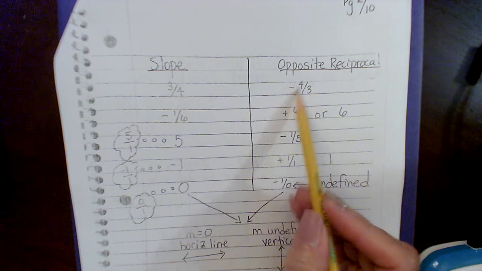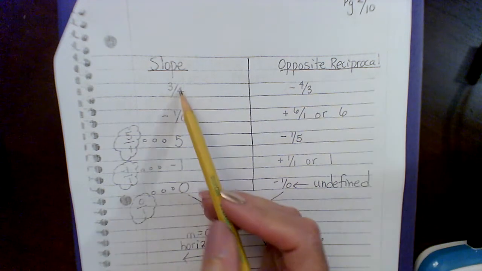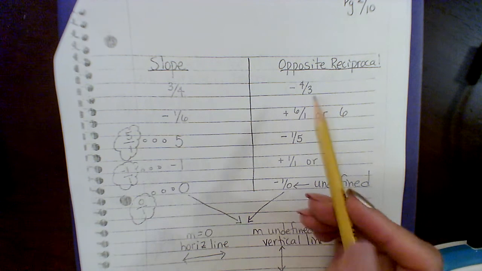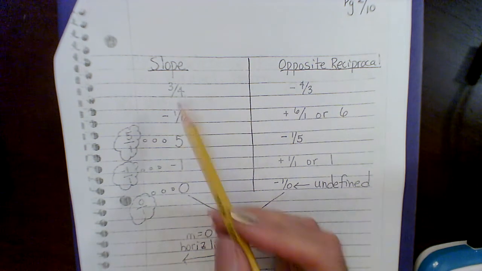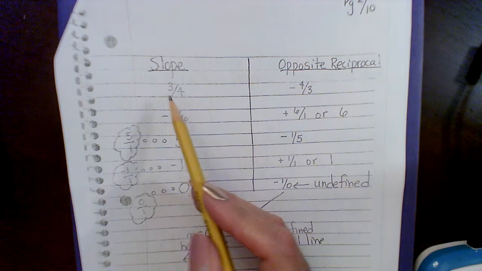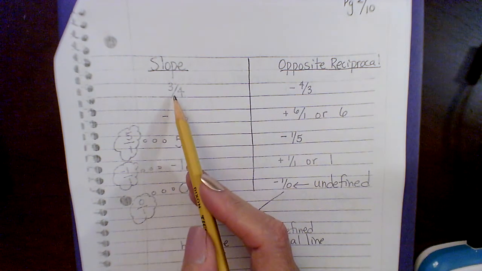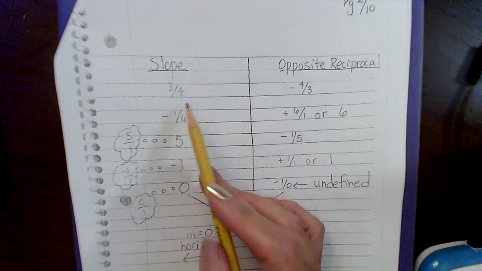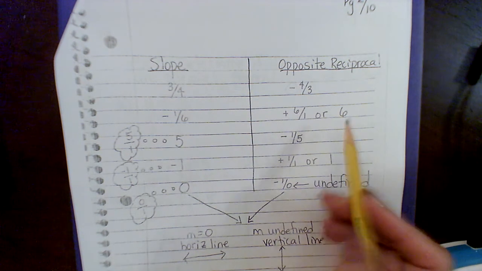So there's the opposite. The reciprocal flips the numerator and the denominator. Okay? So the opposite reciprocal would be negative 4/3. So if you have two lines, one has a slope of 3/4 and one has a slope of negative 4/3, those two lines will be perpendicular.